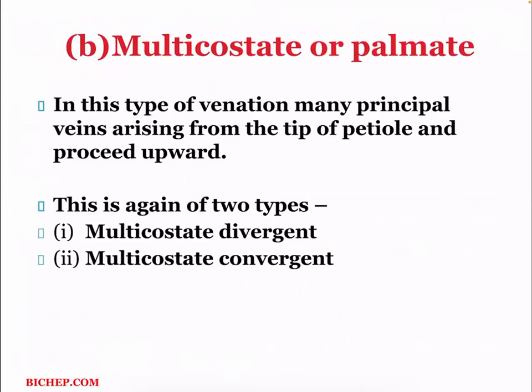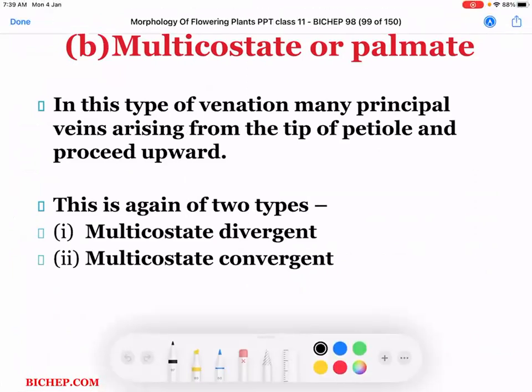Now, palmate, which has two subtypes, divergent and convergent. Ready? It is called multicostate. Fine. Here they have many principal veins, right?